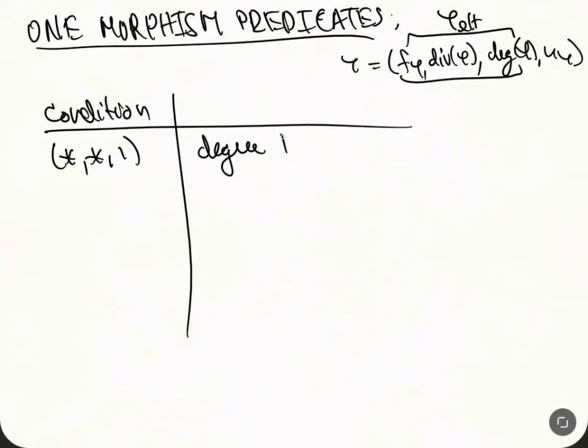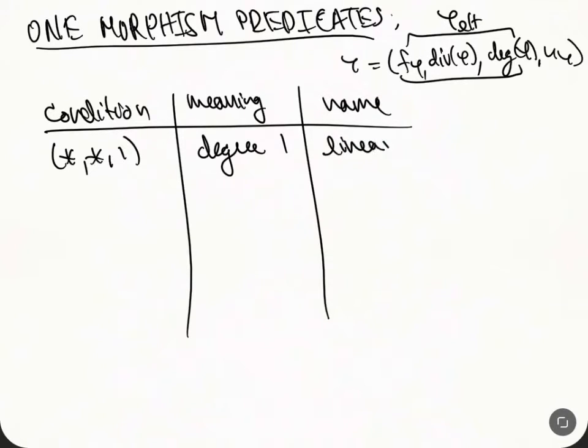Okay, so it's a degree 1 map. So this is the meaning, I guess. And then this is the name that is given to it by Mochizuki, and he calls this linear. Okay, so if you have a degree 2 map, this would be degree 2, etc.